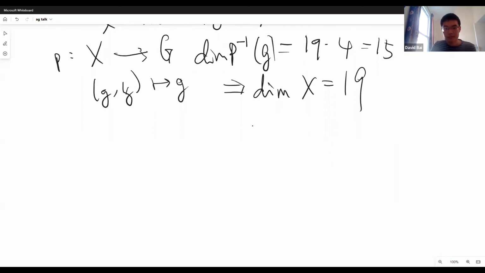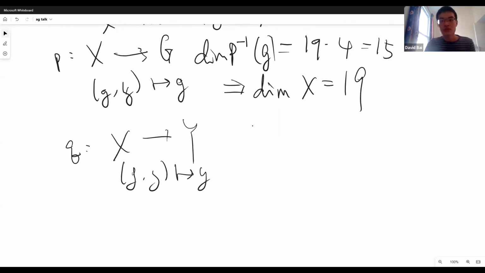And we have another map, q, from X to Y, which sends (g, y) to y. This map is even worse, but our second heuristic works now because Y and X both have dimension 19. And q is not constant because whenever a cubic surface has lines, a whole bunch of cubic surfaces have lines, by just rotating it around whatever line you choose.